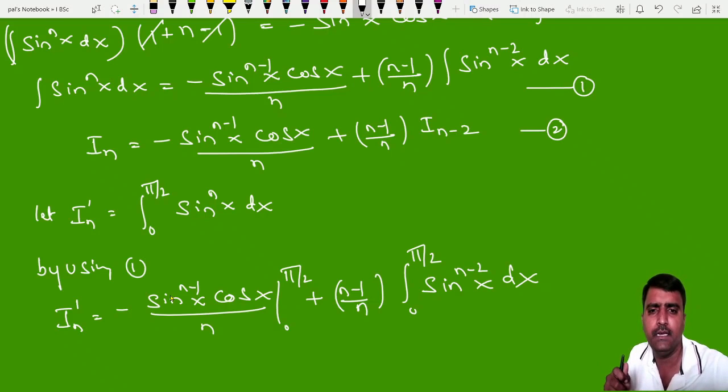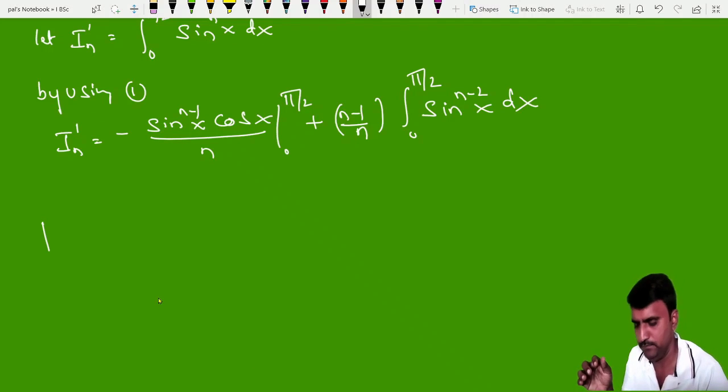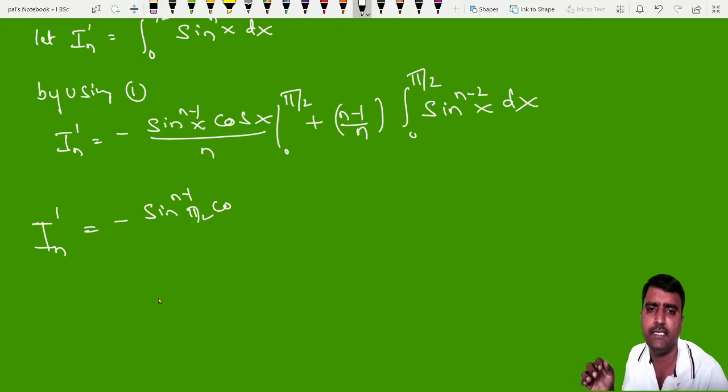Now you apply the limit to this one. In dash is equal to minus sine to the power n minus 1 pi by 2 into cos pi by 2, the upper limit.